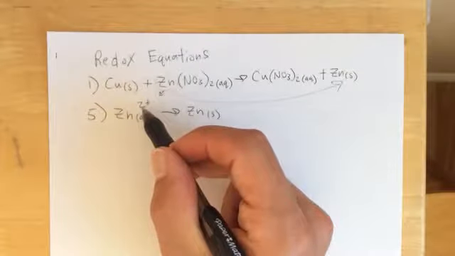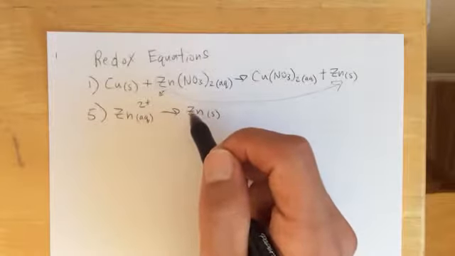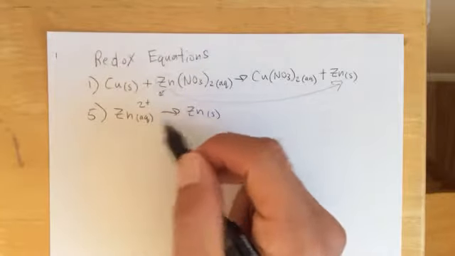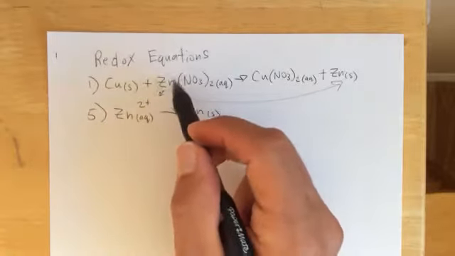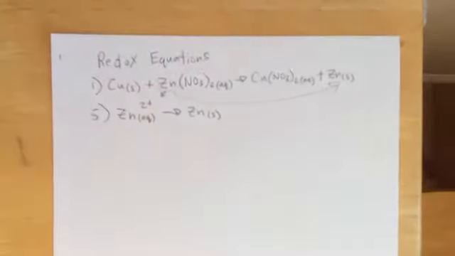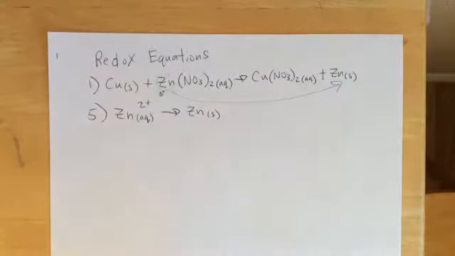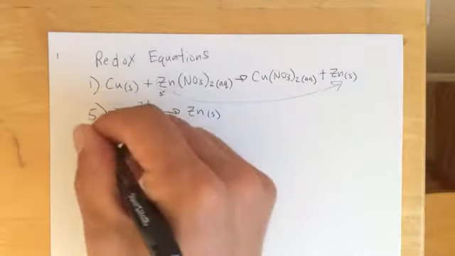So it went from a positive 2 charge to a neutral charge, so it gained electrons and was reduced. Do that for each reaction. Take whatever was connected to an aqueous solution that became a solid, and just write it as simple as that.